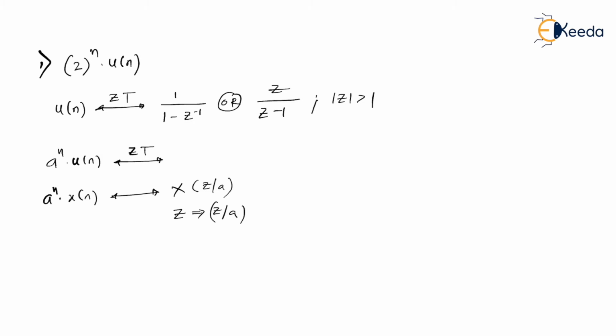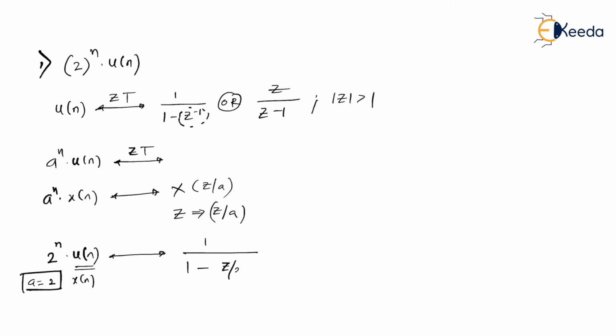So in this case it is 2 to the power n u of n. I'm going to treat this u of n as x of n, and the value of a will be equal to what? 2. Then how to go about it? It is 1 upon 1 minus z inverse, but instead of z I'm supposed to substitute z by a.